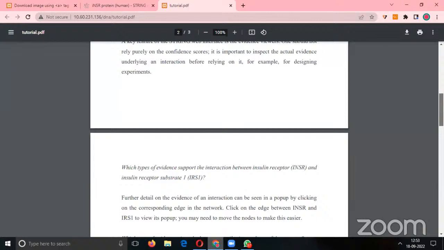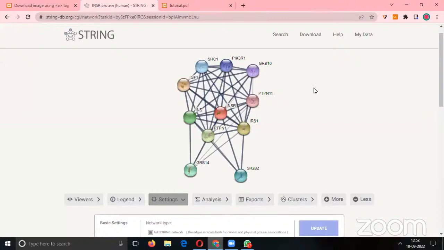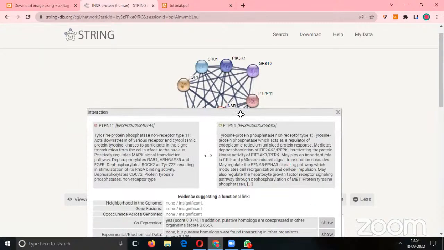We will see which type of evidence supports the interaction between insulin receptor and insulin receptor substrate 1. Any two interactors you can take, not just specifically these.